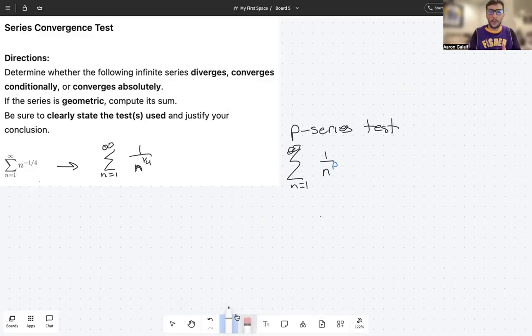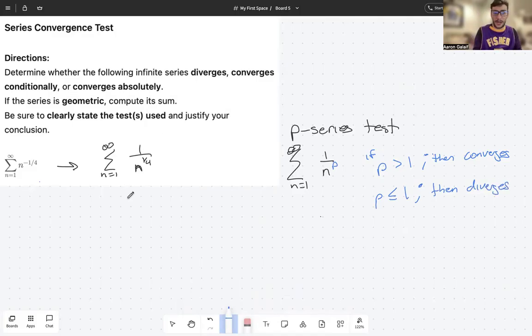Well, what we know is that if p is greater than 1, then our summation converges. And then if p is less than or equal to 1, then we diverge.